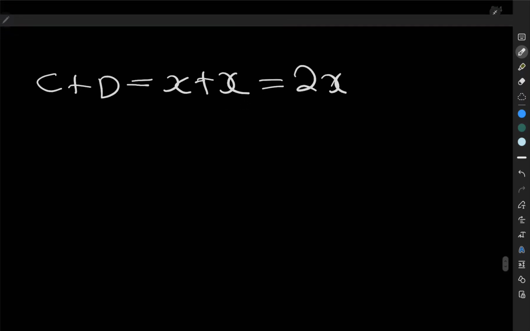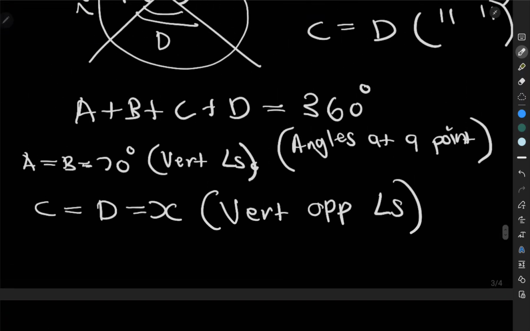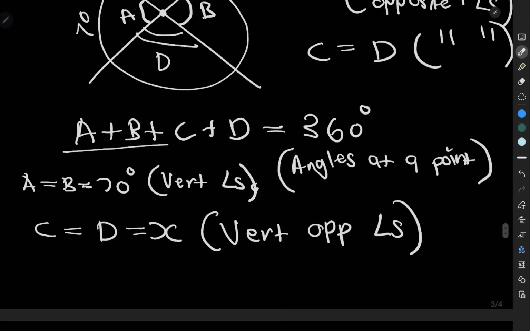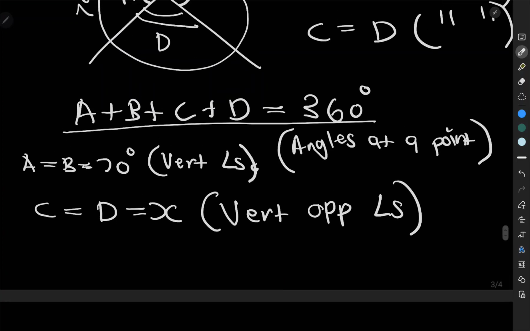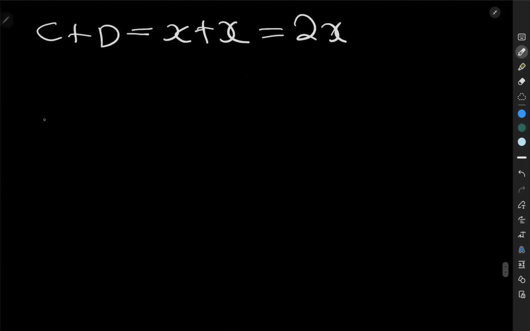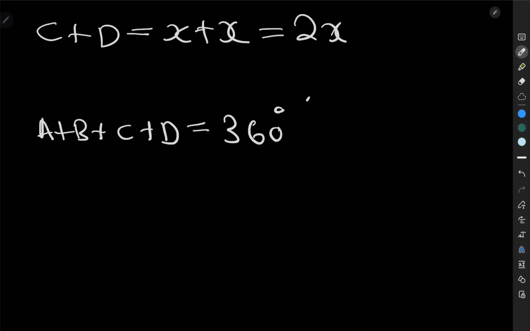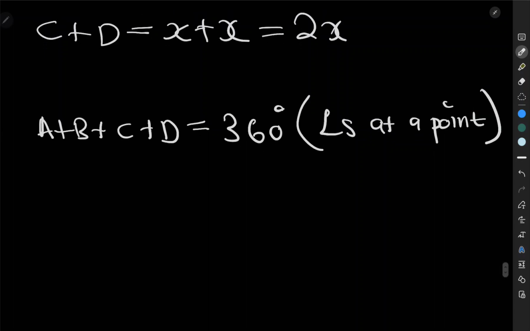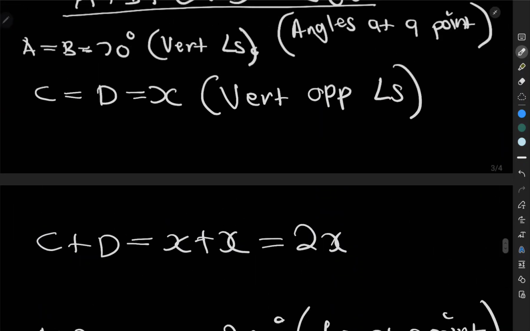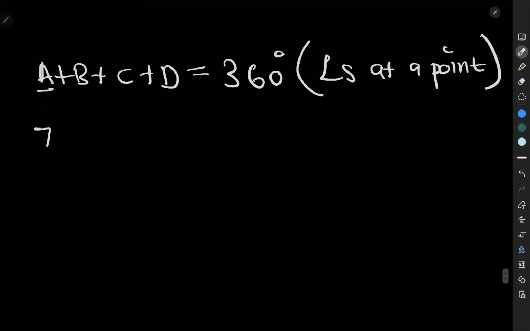Okay, so if we go back to our initial theory, which says angles at a point equal 360 degrees, we added A plus B plus C plus D, and we say they're equal to 360 degrees. And our reason for that is that they are angles at a point. We have already deduced the value of A, and in this case, we're given that it's 70.